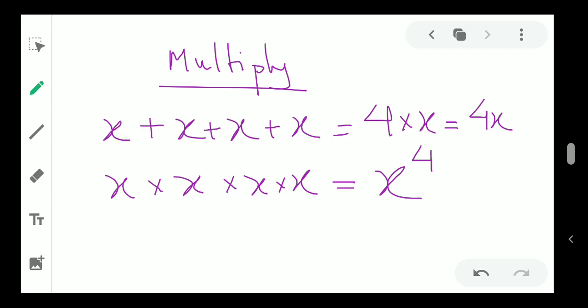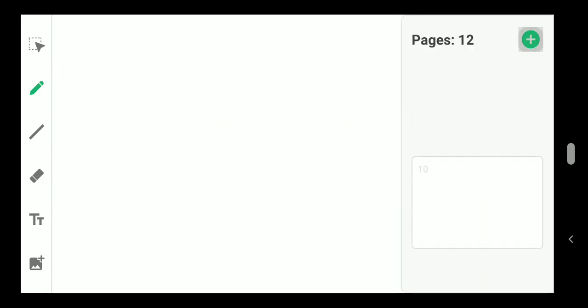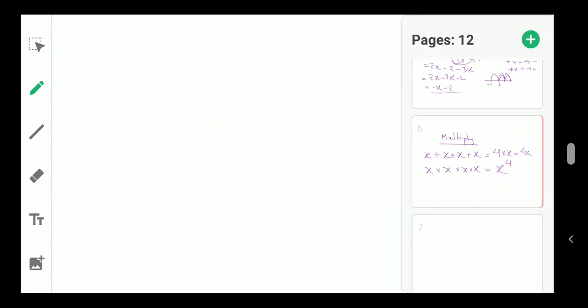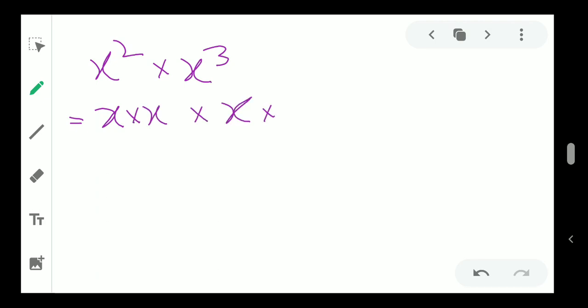And we have also seen what we get when we multiply powers all together. So when we multiply powers like this, x square and x cube: x square means I already have 2 x's multiplied with each other, and x cube means I have 3 x's multiplied with each other. So how many x's are in total? 5 x's.